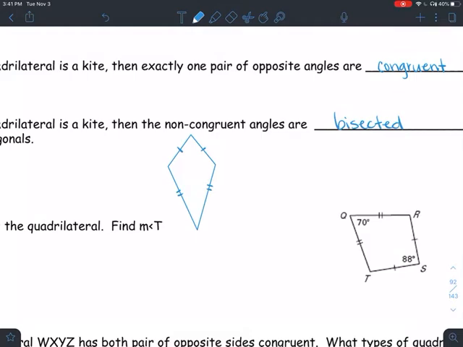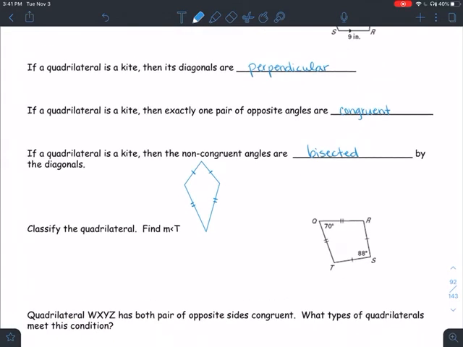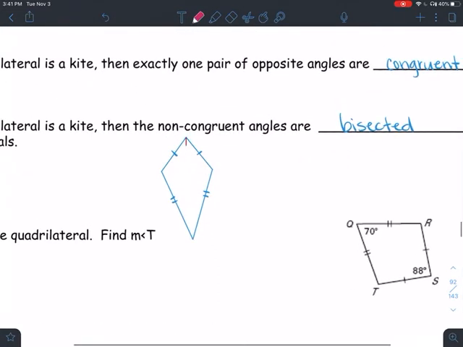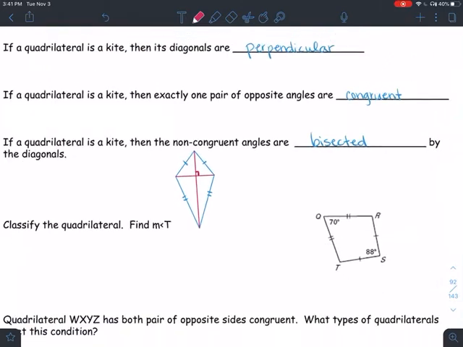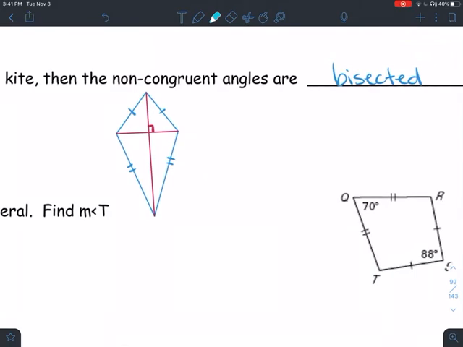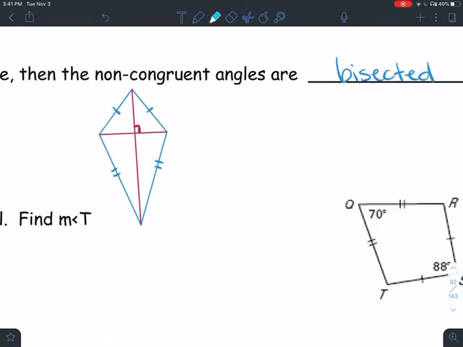So here, to take a look at the first part, our diagonals will be perpendicular. This kite probably is not perfect, but it'll be close enough. So here are our perpendicular diagonals. It also tells us that exactly one pair of opposite angles are congruent. So if we just take a look at these triangles here, I'm going to highlight this. Then our congruent angles will be this angle and this angle.